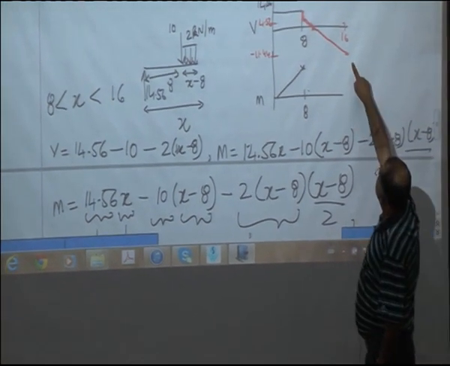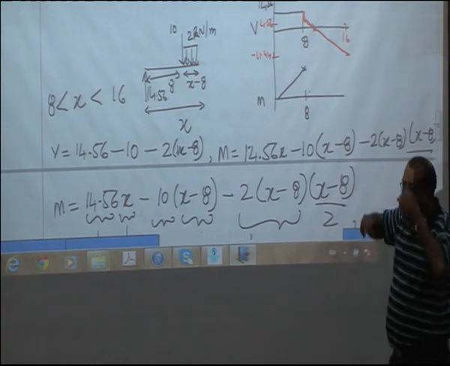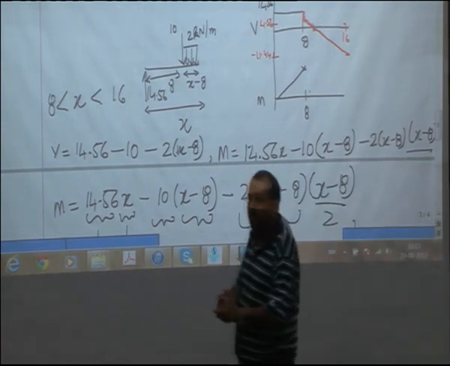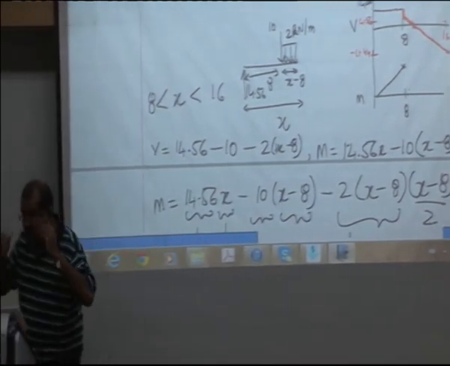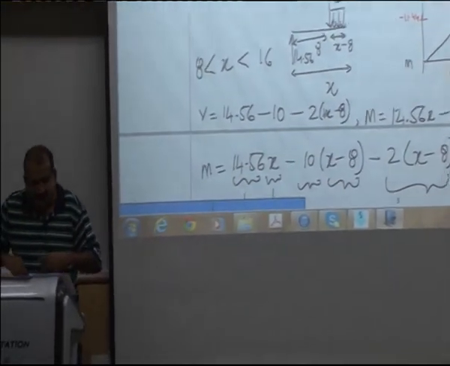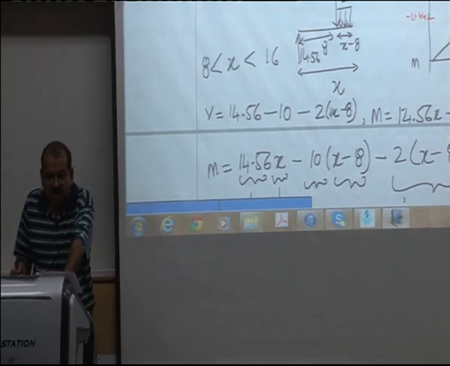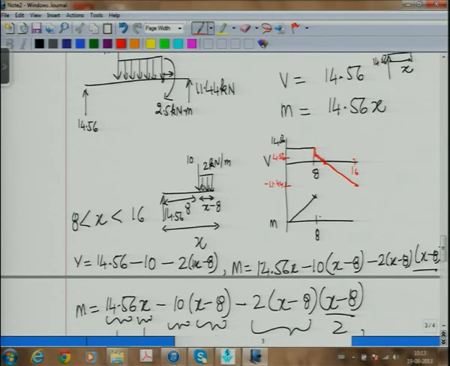So at x equal to 16, we feed in and work out the value of the bending moment. Have I worked it out? Let me see. It turns out to be something which will still be positive. I have not worked out the actual numbers.